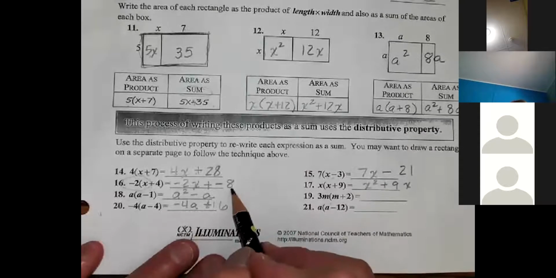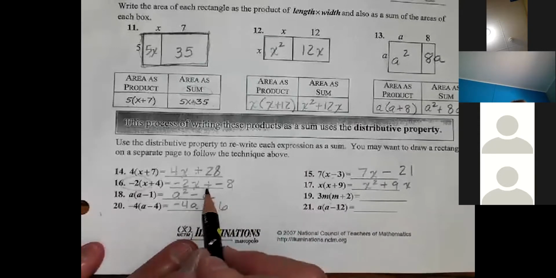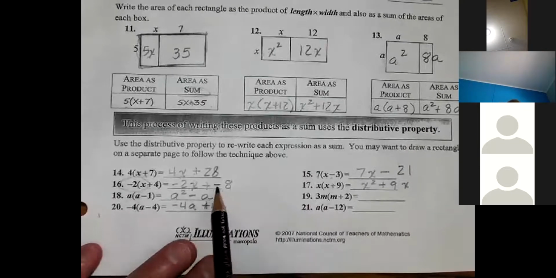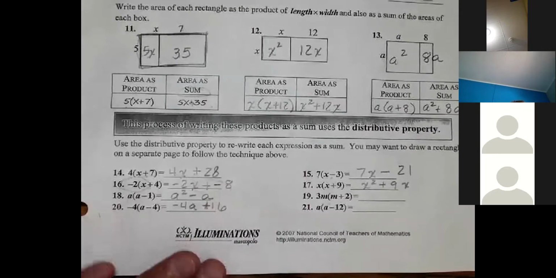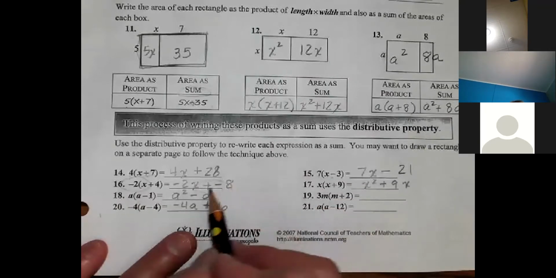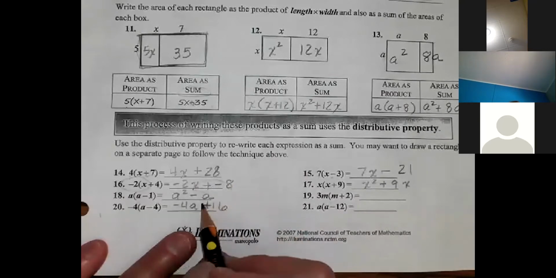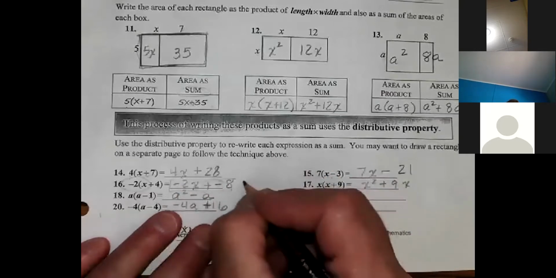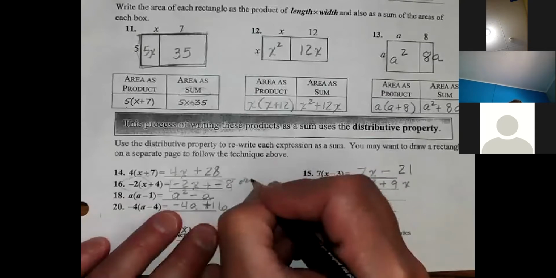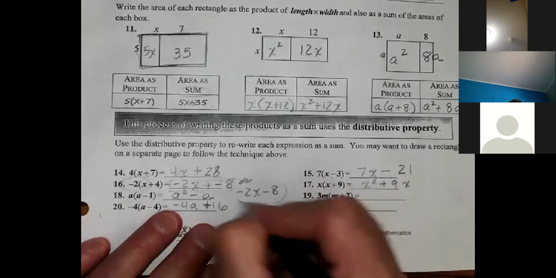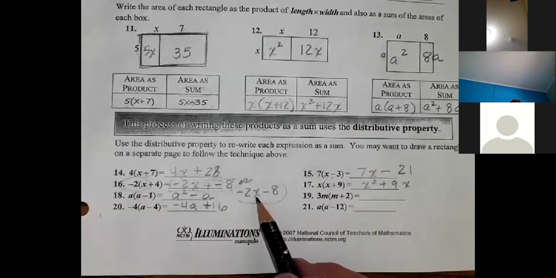This one right here, most people do not like seeing a plus and a minus right next to each other. You'll never see that as a choice on a multiple choice answer on the GED test. Adding a negative is the same as subtracting a positive, so there's another way to write this. And that just looks a little cleaner.